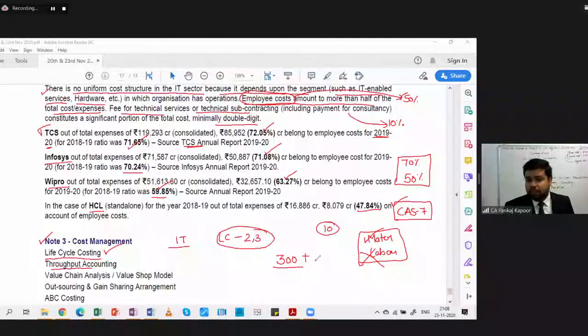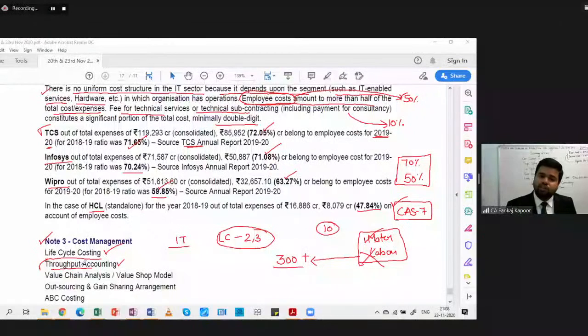It means labor cost, in case of an IT company, shall be considered as fixed rather than a variable cost. Hence, rather than computing the normal contribution, we must compute the throughput contribution. So throughput accounting has a significant application in the IT sector.